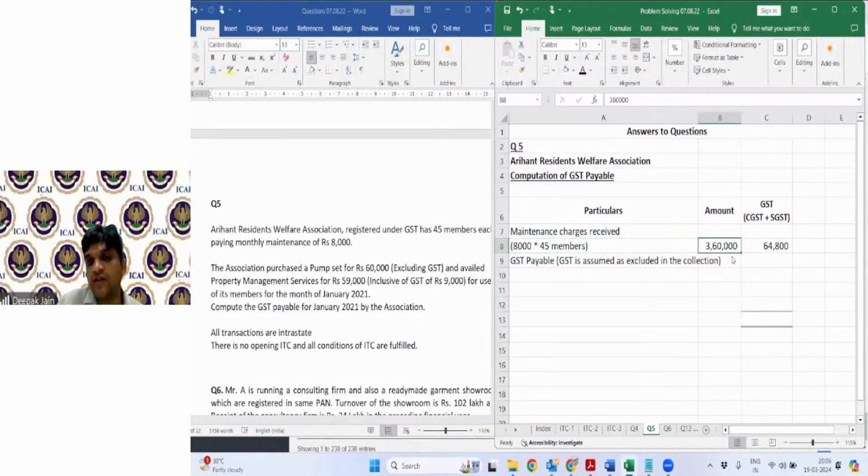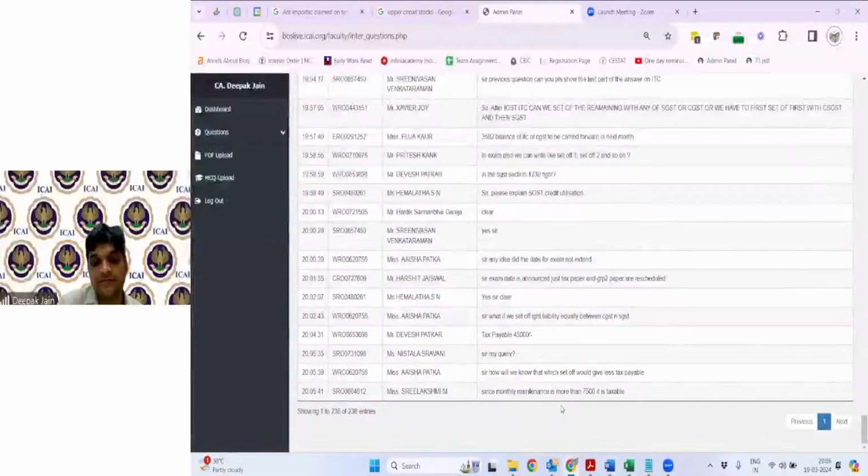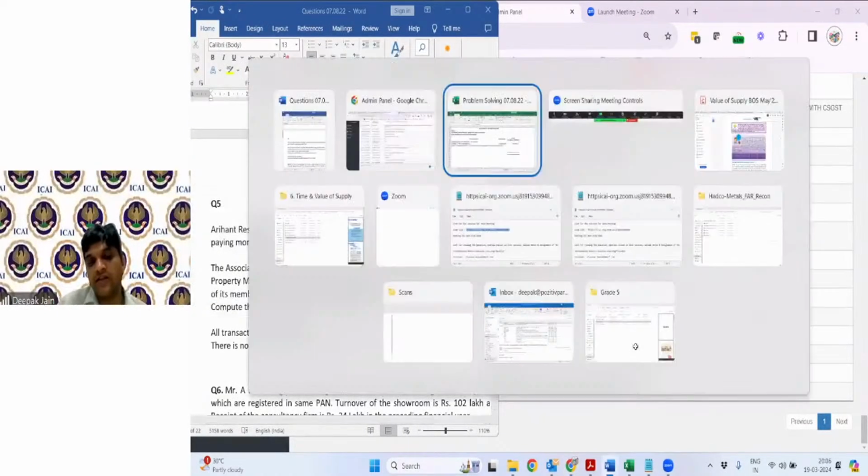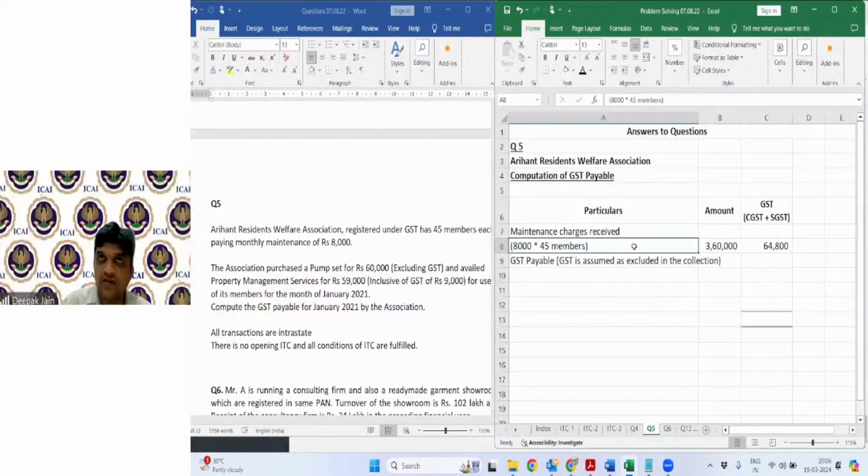For the year, shouldn't we compute into 12? Yes, Sri Lakshmi, you're right. Monthly maintenance is more than 7,500, so it is taxable. Since it is more than 7,500, it is not the differential, it is on the whole value. Once it crosses 7,500, then on full 8,000, we have to collect GST. Why aren't we doing 8,000 into 45 members into 12?